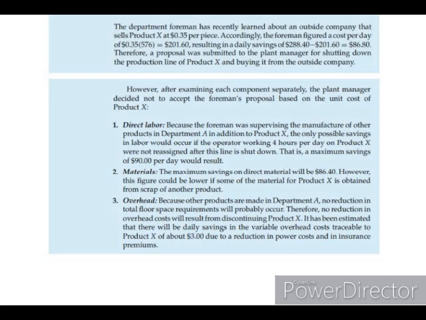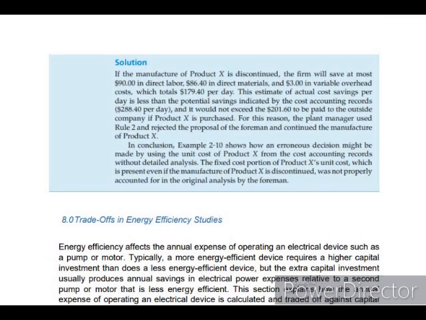Therefore, no reduction in overhead costs will result from discontinuing product X. So there will be no effect on the overhead cost when the company stops doing product X. It has been estimated that there will be daily savings in the variable overhead cost traceable to product X. Rather, there is a saving of $3 due to the reduction in power cost and in insurance premiums.